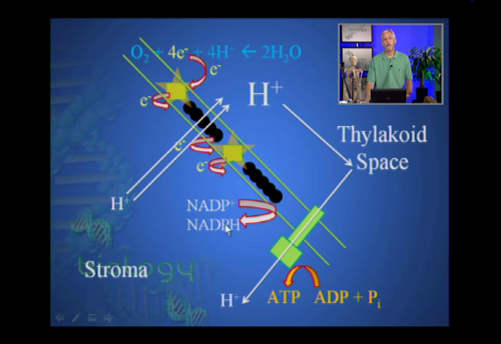But what NADPH can also do is deliver electrons back to chlorophyll A's that lose their electrons. So some electrons don't just go through the cycle once, they'll actually go through the cycle several times. And this is variable from one species of plant to another, and so we refer to this as cyclic flow.